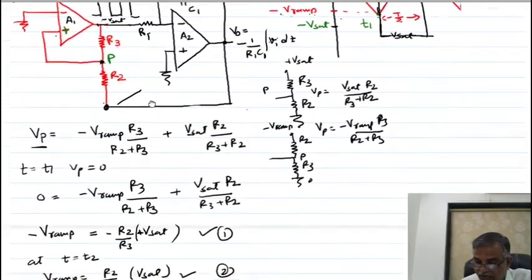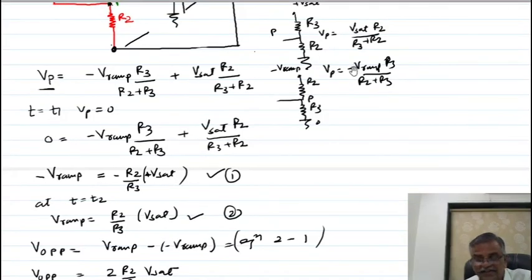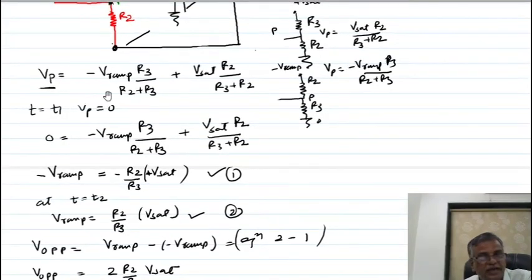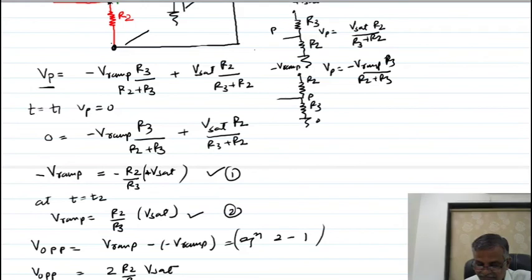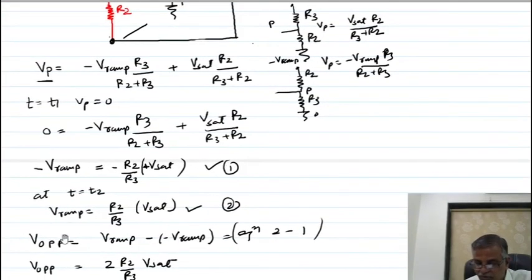If you want to get the value of plus V ramp, then here I should write minus V set, here I should write plus, and then I have to do the addition. So I will get this equation. Equation 2 minus equation 1, you will get VO peak to peak.